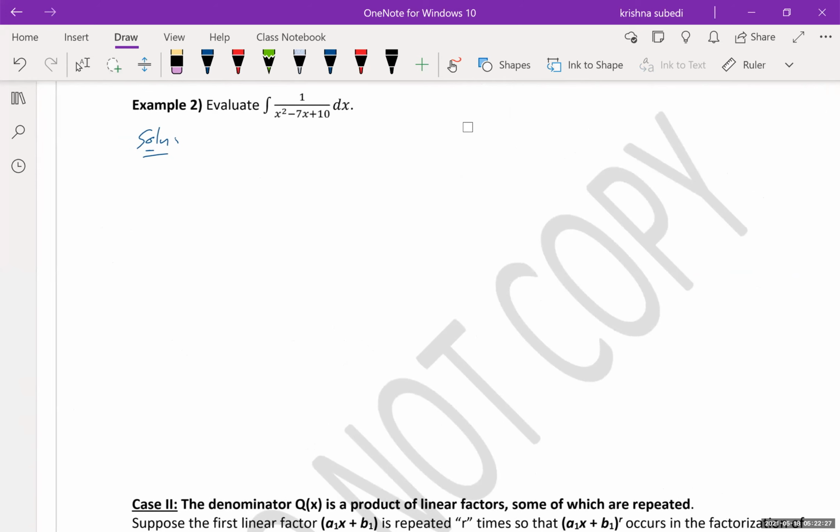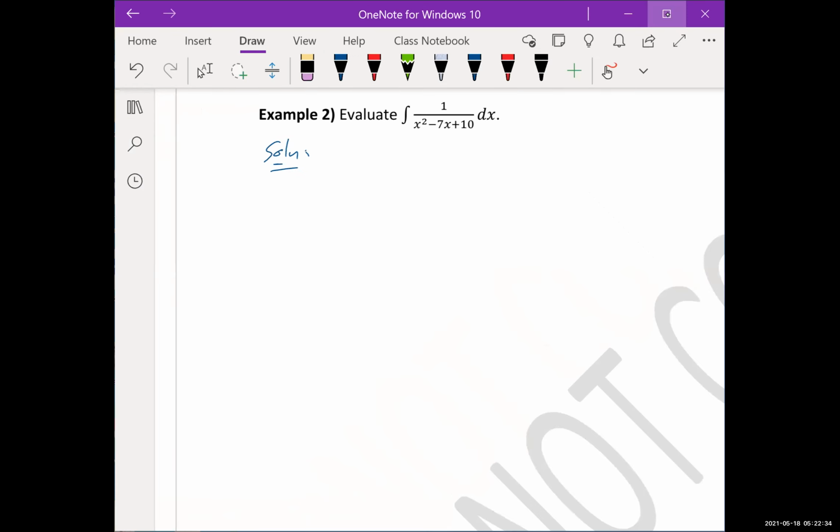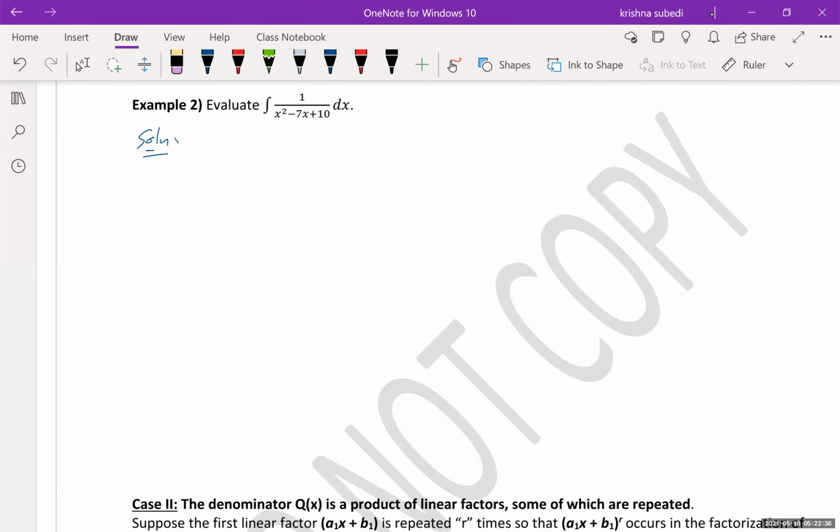All right, so the solution, what we got here is that the integration of 1 over x squared minus 7x plus 10 dx equals a divided by x minus 2.